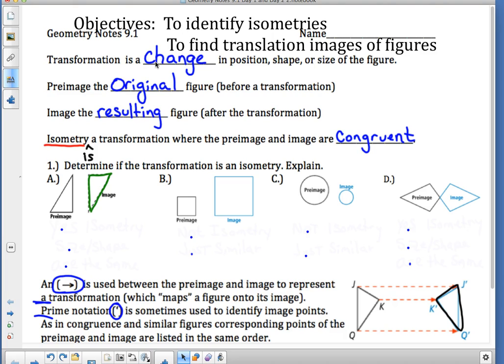If the size changes, it is non-isometric, which means it's a different shape. An isometry is a rigid transformation. Those are synonymous. So look through, make a decision. Is it an isometric transformation or isn't it? Isometric transformations, same shape. So go ahead and answer all four of those.